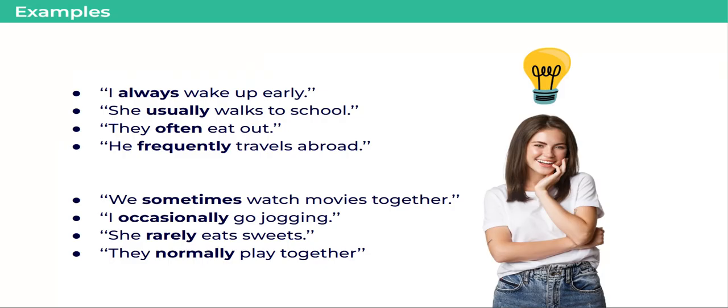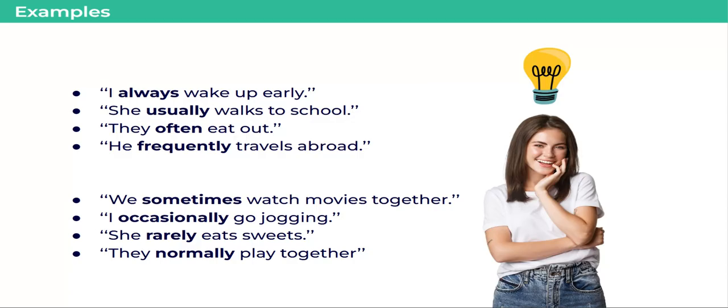She rarely eats sweets. They normally play together. So remember that if it was a question or a negative sentence or with the verb to be, the adverb of frequency would be after to be, after the negation, and after the question.